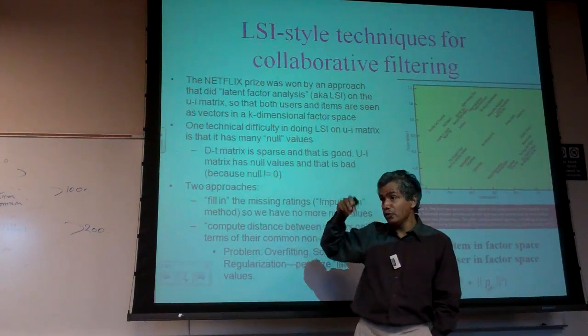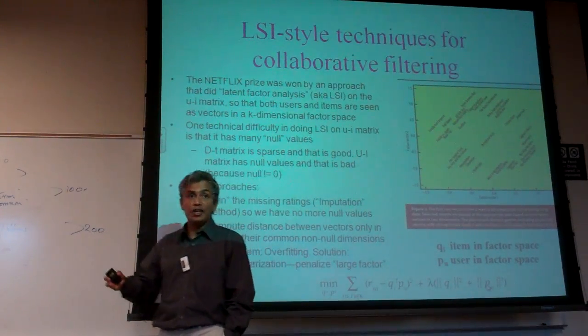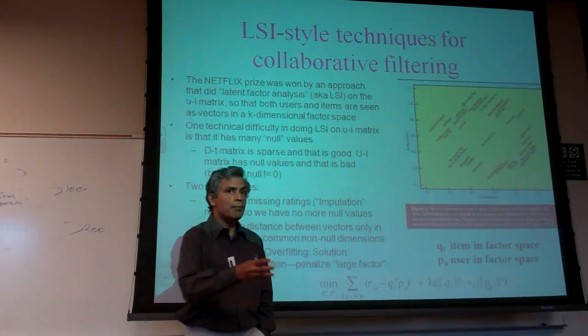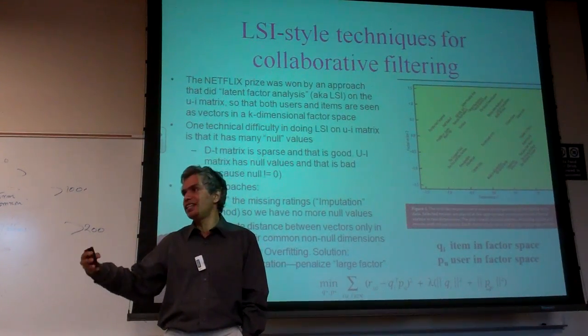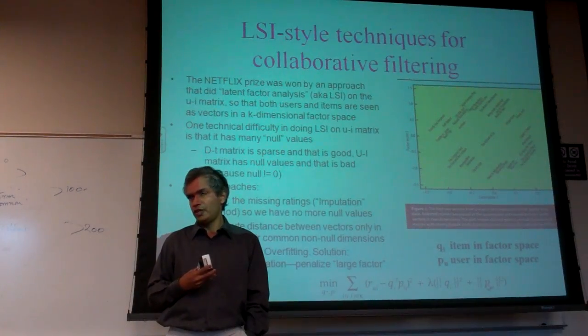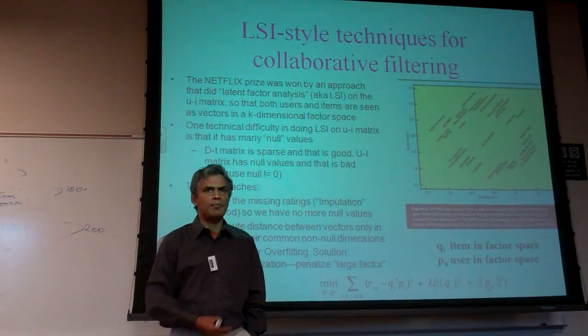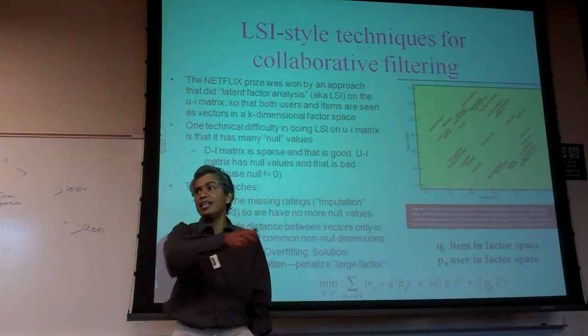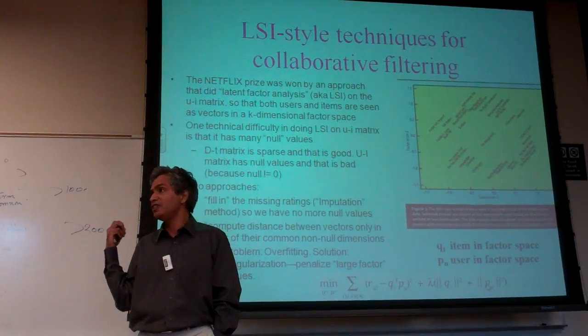To be able to do content-based filtering, they had humans who listened to different songs, and they came up with a set of features for describing songs. Okay, hard tempo, fast tempo, metallic, this, that, etc.